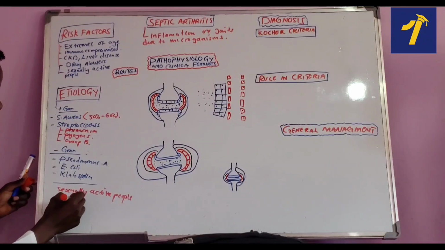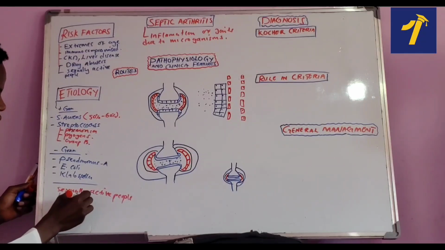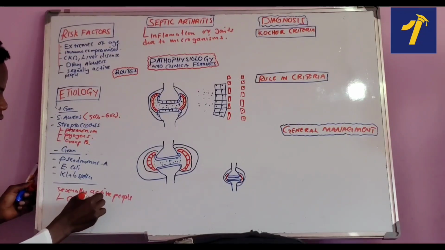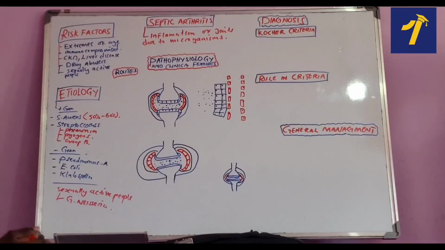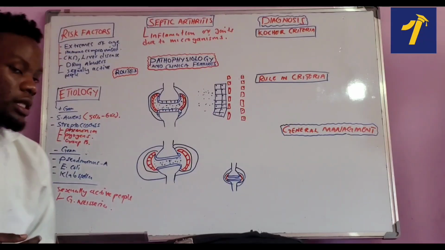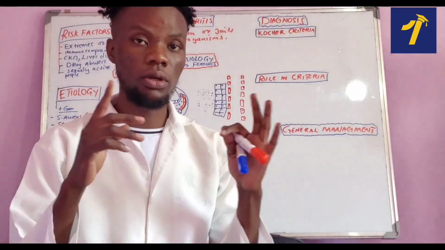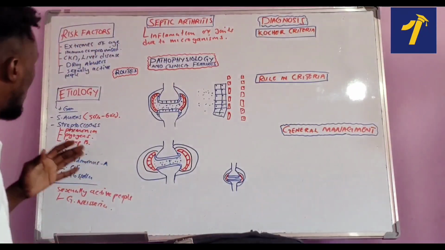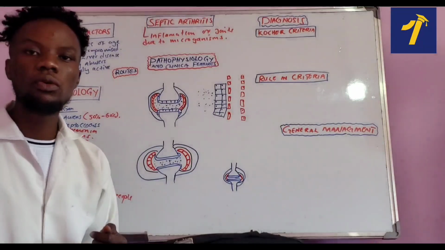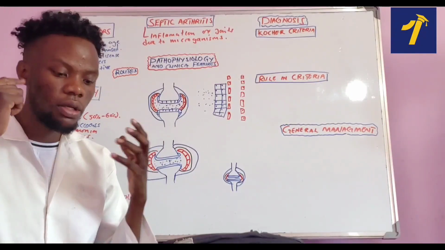It will be gonorrhea, Gonococcus, Neisseria gonorrhoeae. So Neisseria gonorrhoeae is the commonest cause of septic arthritis in sexually active people. So you need to take note of that. Then apart from that, Mycobacterium tuberculosis can also cause septic arthritis. So you need to take note of that.